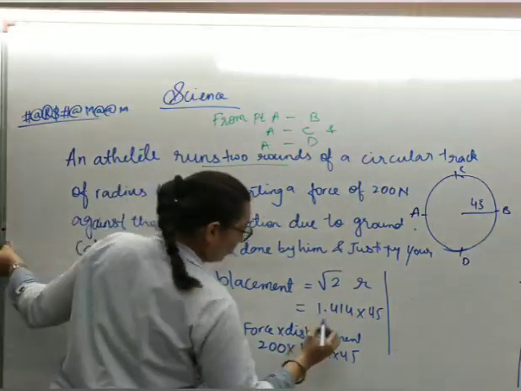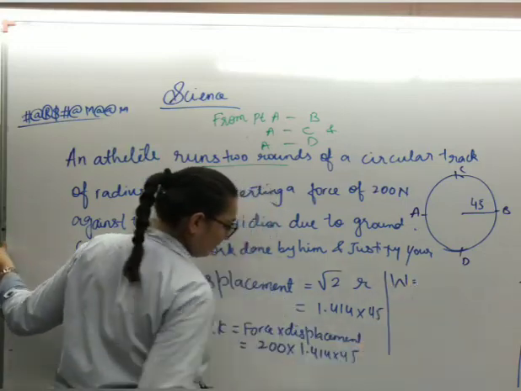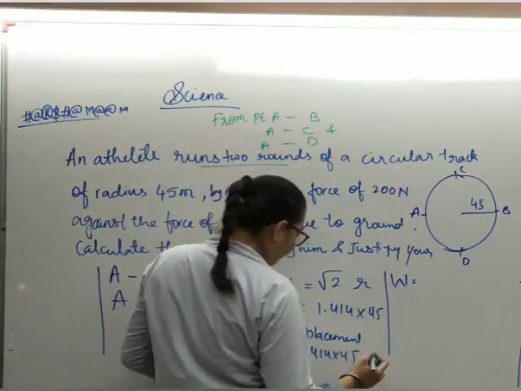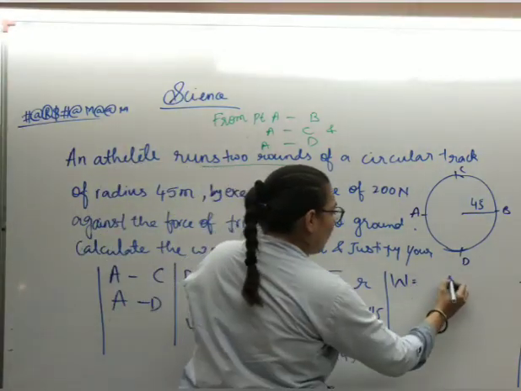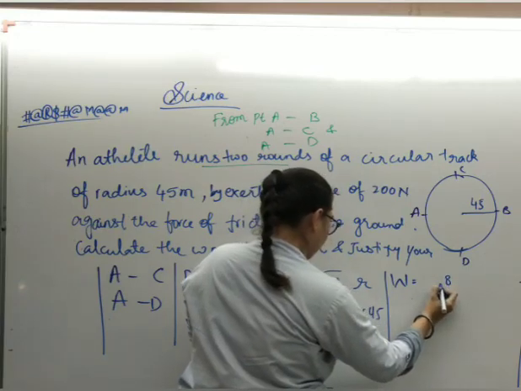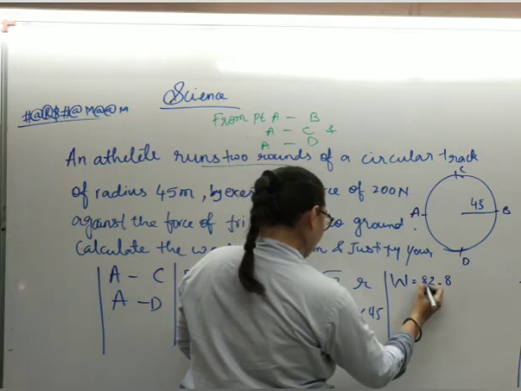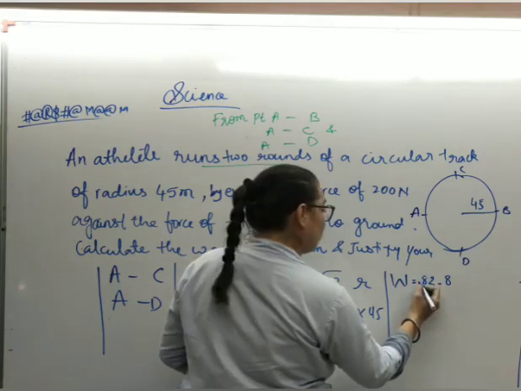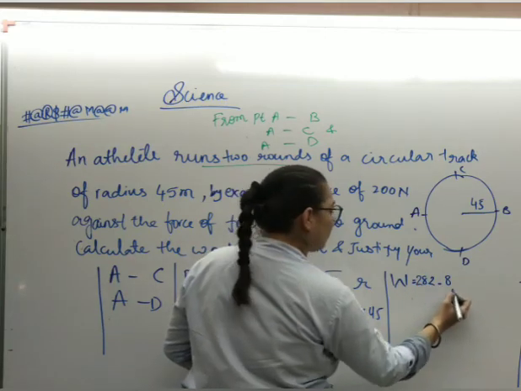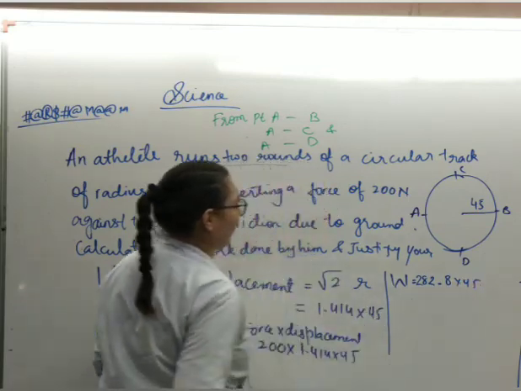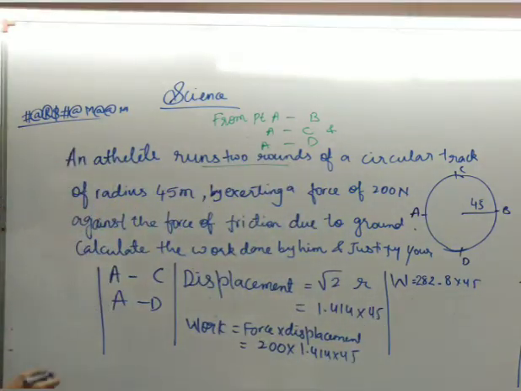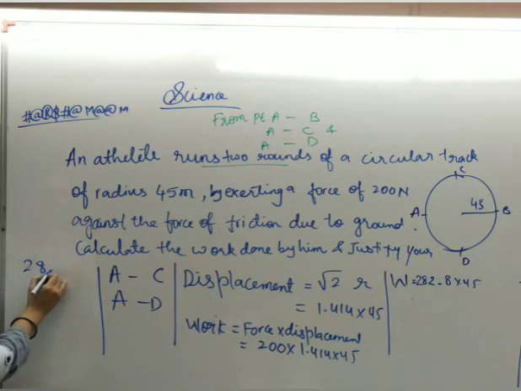So it is 4 2s are 8, 2, 8, 2 into 45. Now we need to multiply 2 8 with 45.